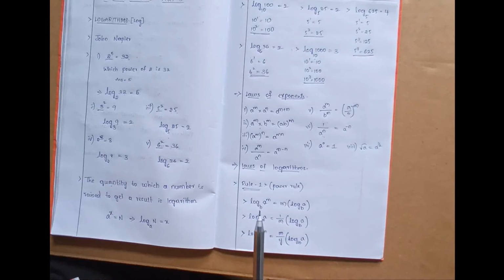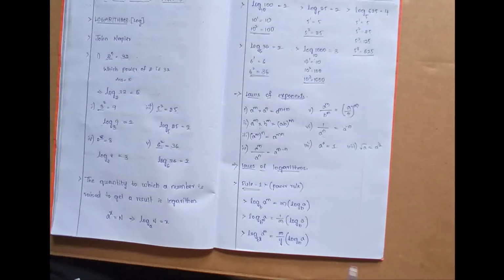So the rule 1 is the power rule, and we have studied 3 laws under this. What are they? When we have an exponent on the logarithmic number, it goes out and multiplies the whole logarithmic number. When there is an exponent on the base, it goes out but reciprocally multiplies the logarithmic number.